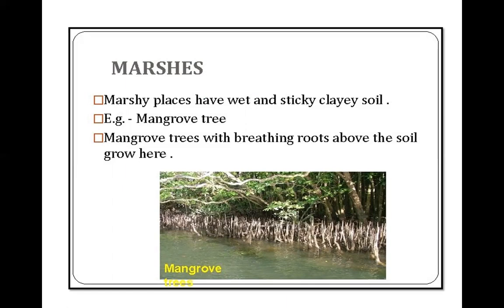Their roots grow out from the sides and help the plants to breathe. These roots are called breathing roots. The Sundari mangrove trees, which are in the Sundarbans of West Bengal, are a good example of marshy areas.